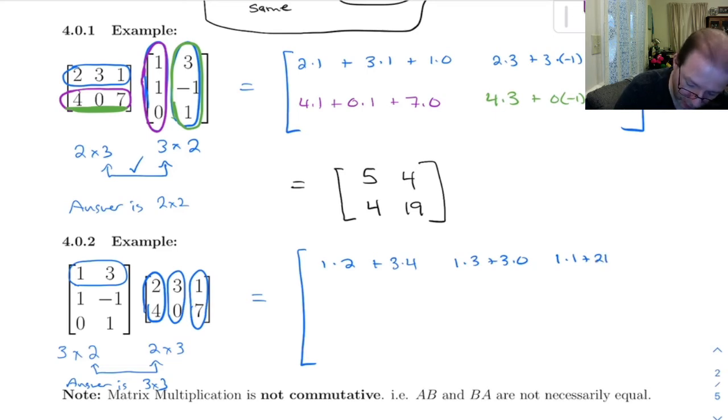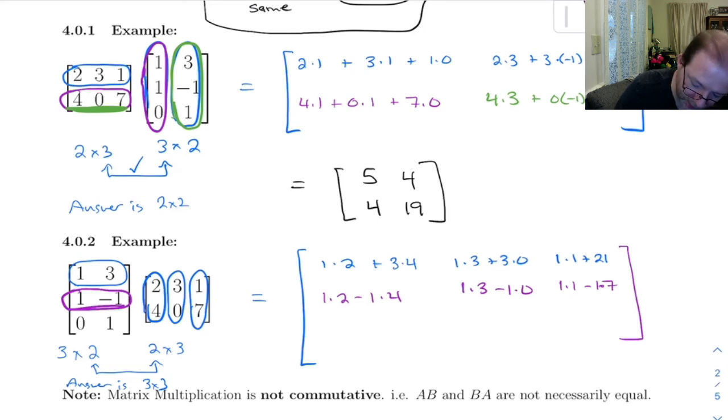Then we'll do the next row times each of those columns. So we get 1 times 2 minus 1 times 4. Then we get 1 times 3 minus 1 times 0. Then 1 times 1 minus 1 times 7.